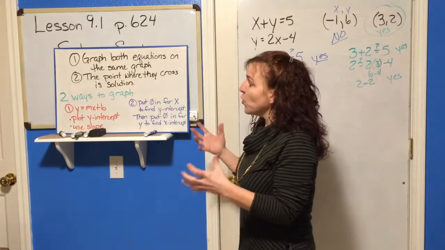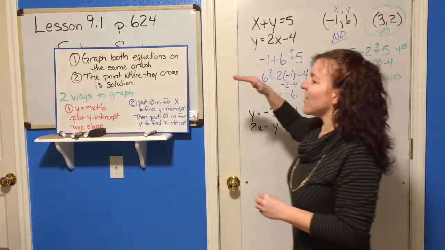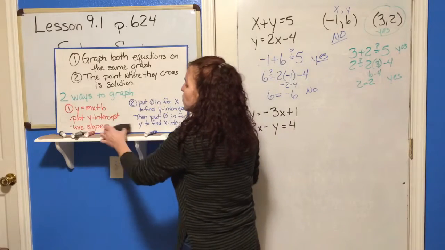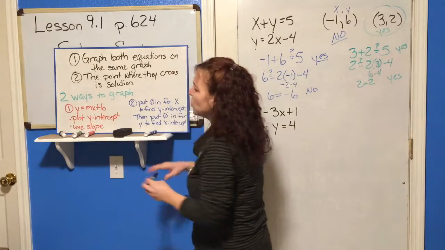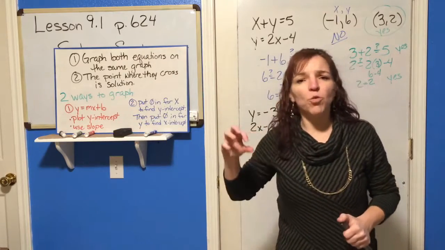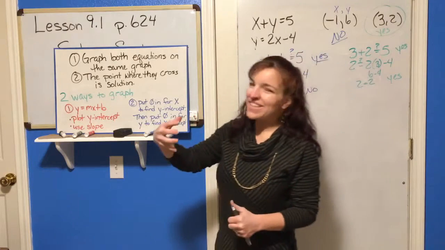Now, I'm going to just remind you, and you might want to write this in your notes, there are two different ways to graph lines. The first way is to use the y equals mx plus b form. That simply means you're going to solve for y. Isolate your y, get it by itself.